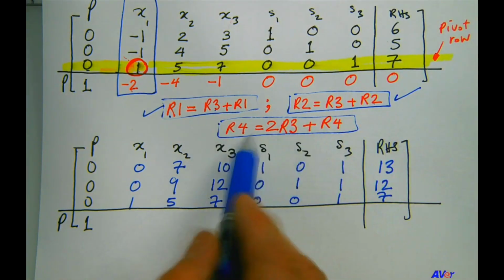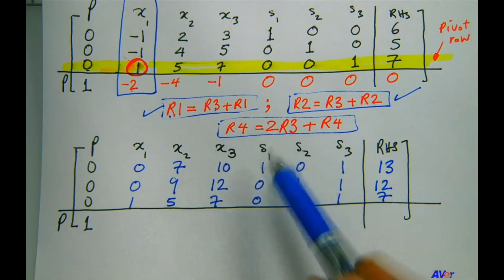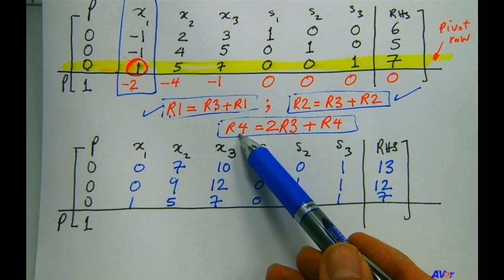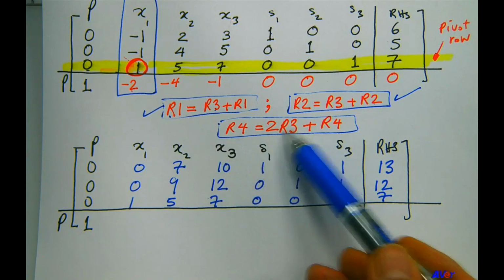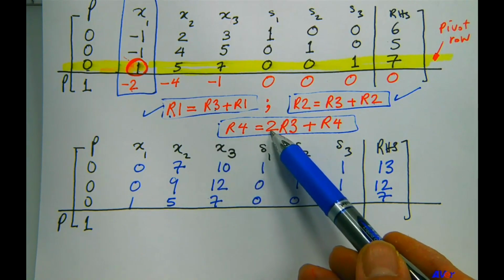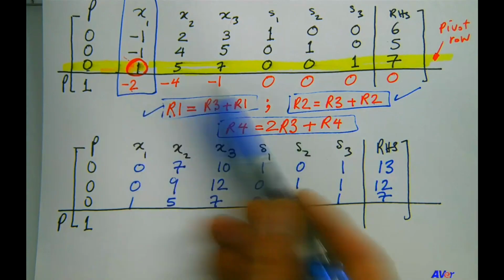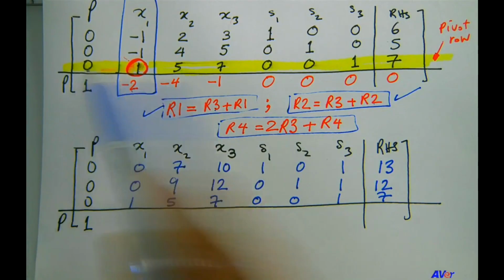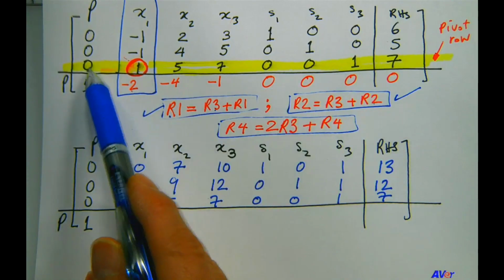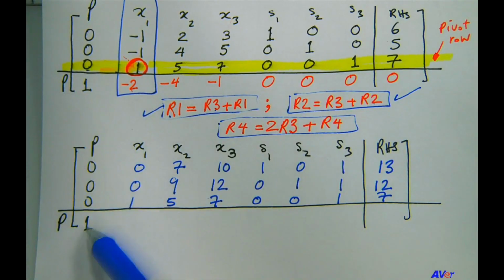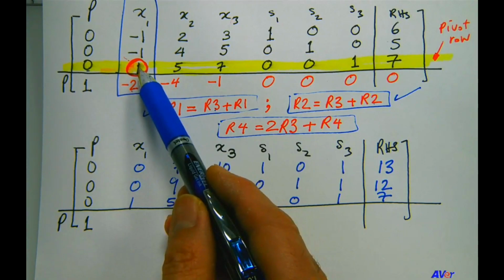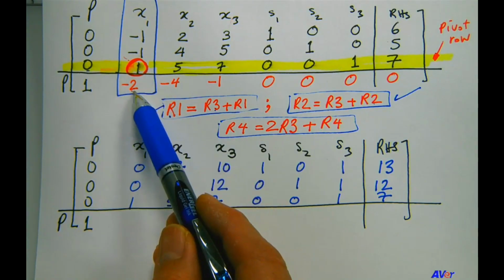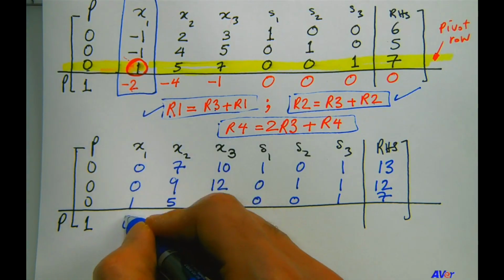We need two more. This is saying we need to replace row 4 by multiplying the third row by 2 and then adding it to that row 4. So let's do that. Twice 0, that's the third row, right? 2 times 0 is 0 plus 1, 1. It's already there. 2 times 1 is 2 plus negative 2 is 0, which we wanted to do, right?